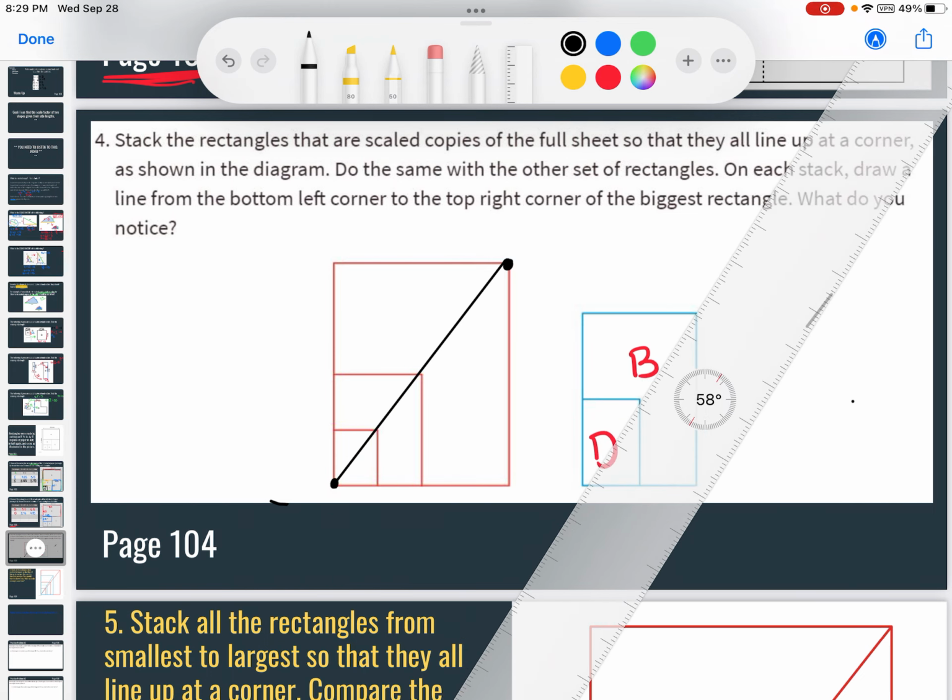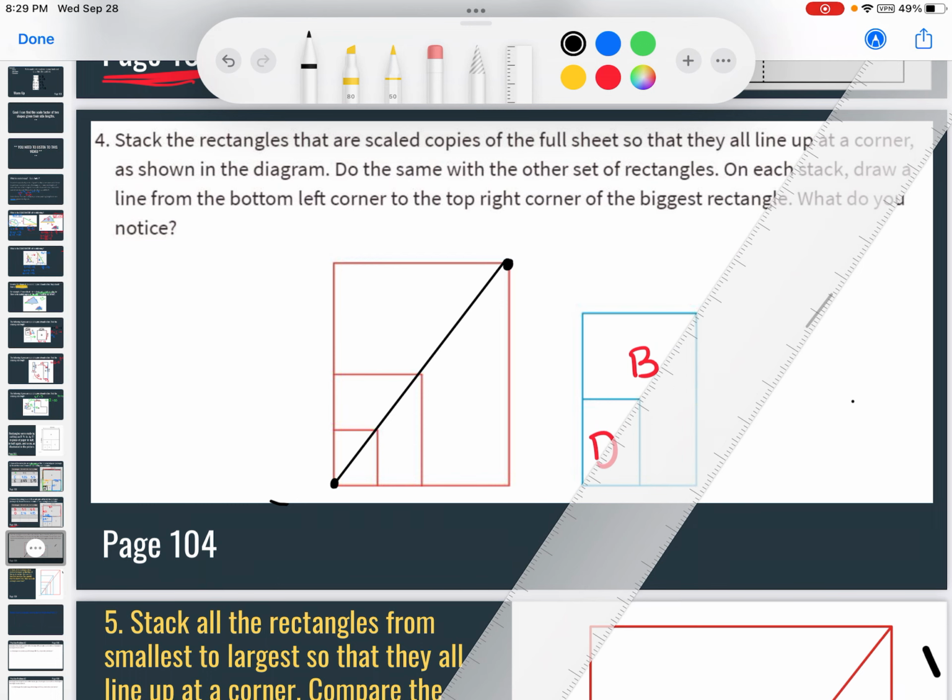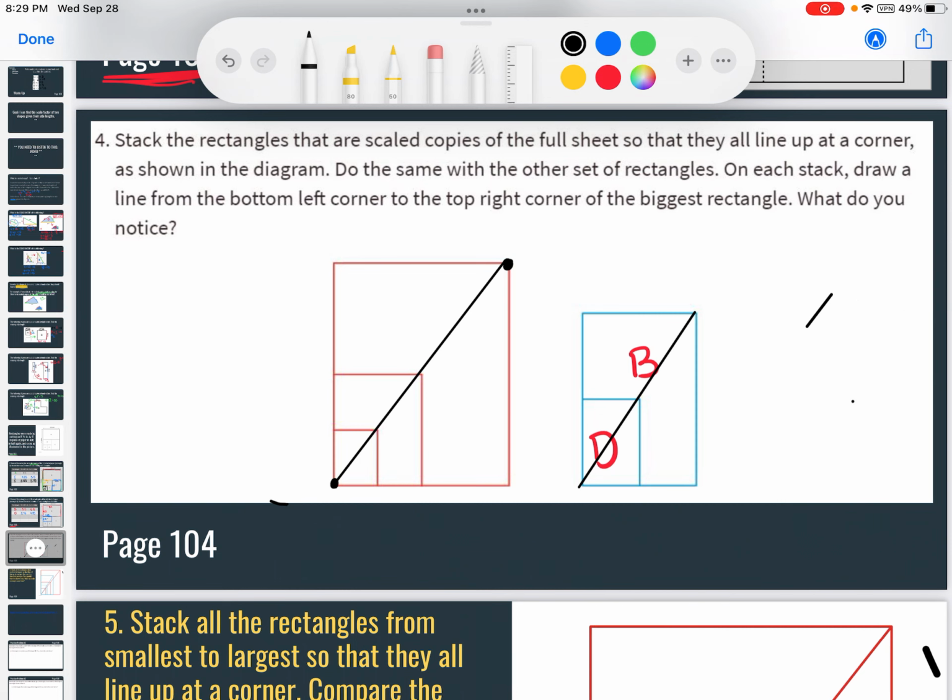And I want you to do the same thing in the blue triangles. Draw a line from the bottom left to the top right. And then what I want you to notice is that we intersected at every top right corner. Your line should have intersected at every top right corner.